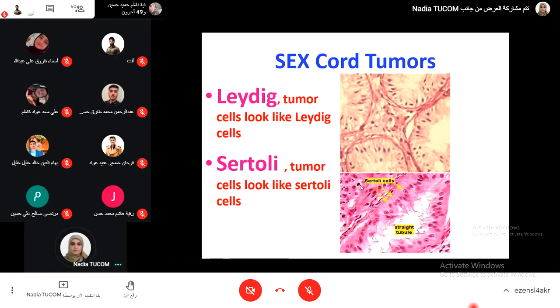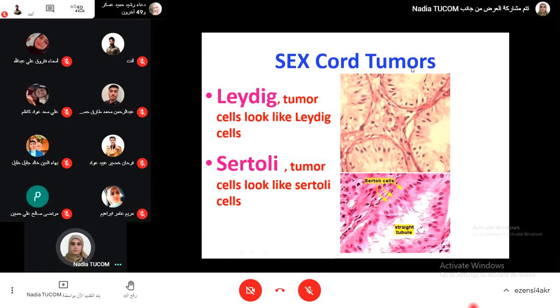So the germ cell tumors are seminomatous and non-seminomatous: embryonal carcinoma, yolk sac tumor, choriocarcinoma, and also teratoma.